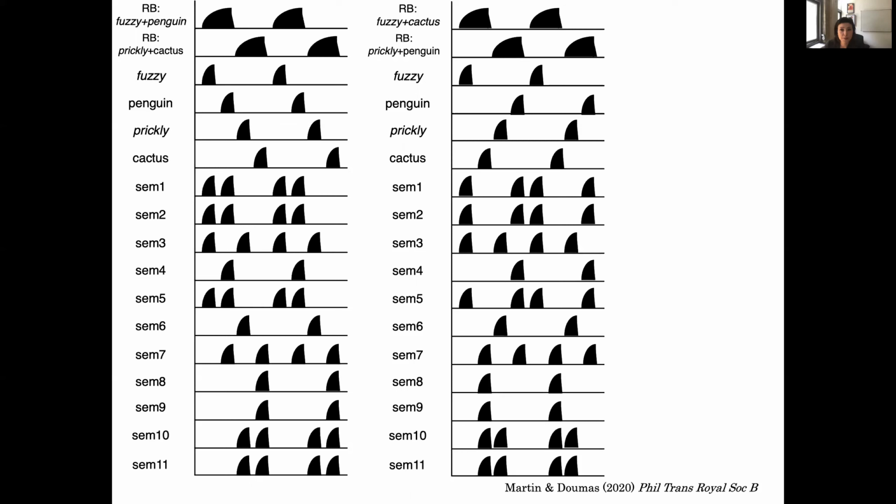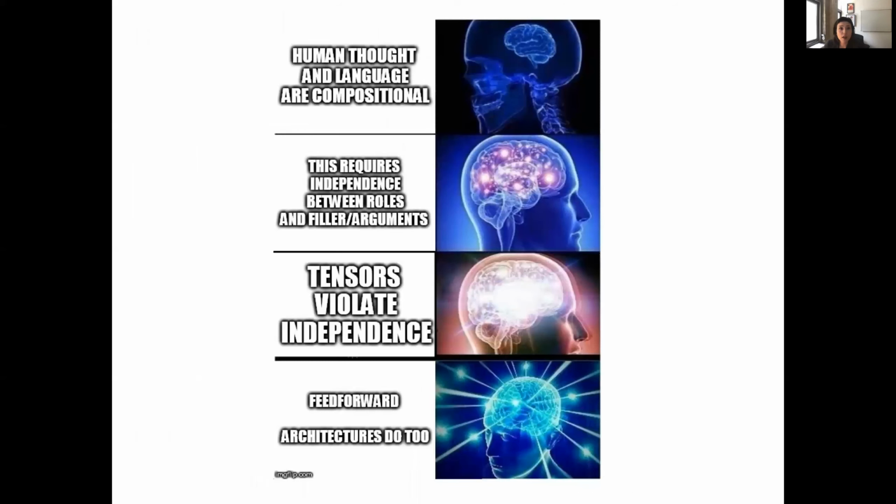of some of the work that we've been developing together. Now I'll close this section of the talk with a perhaps controversial statement. So if we want to say that human thought and language are compositional, and we agree that this requires independence between rules and fillers or arguments, and we see how tensor products violate that independence, then it also means that feed-forward architectures do too.